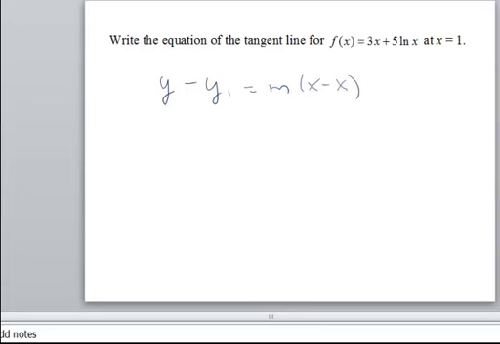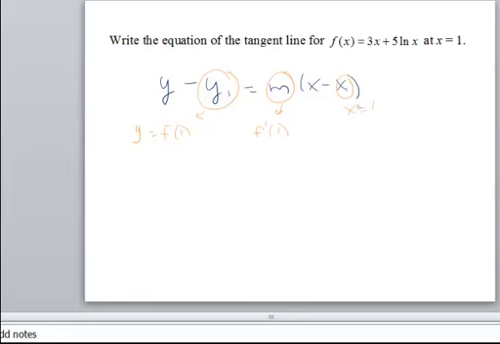And we have to plug in numbers for y1, m, and x1. x1 is going to be given. This is the point x equals 1. The y value, we use algebra to find the y value. y is always equal to f of x. In this case, it'll be f of 1. And then the slope of the tangent line, as we just discussed, is equal to the derivative, again evaluated at a particular function value.